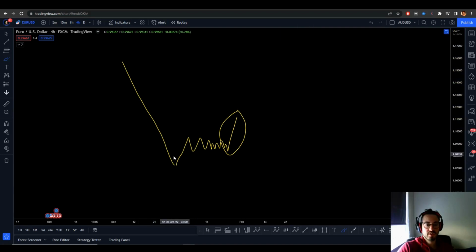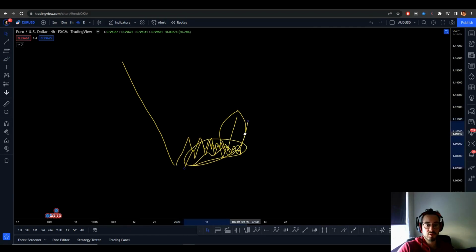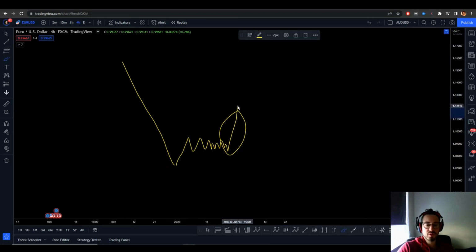So this accumulation on the shorter time frame, is it strong enough to offset the volume of the higher time frame that is coming down? And if the lower time frame volume down here is strong enough to offset this volume, we will continue up.